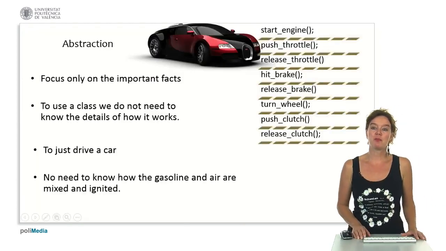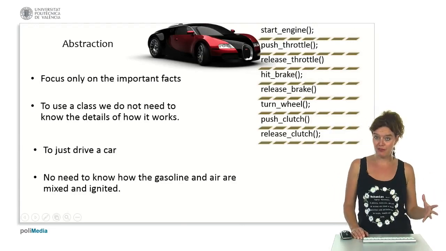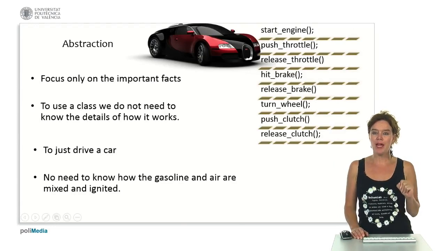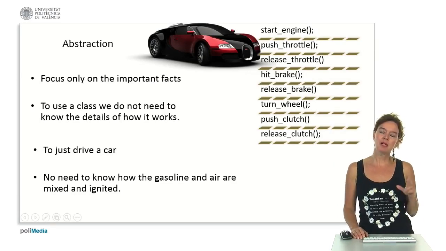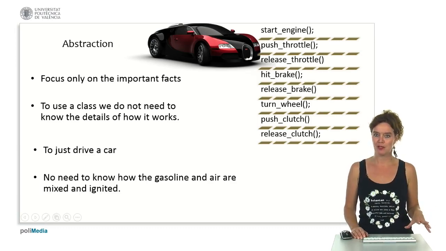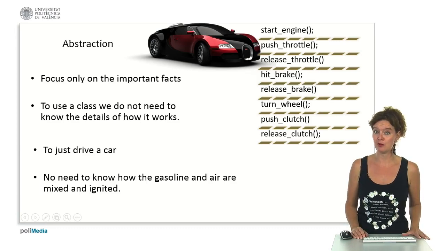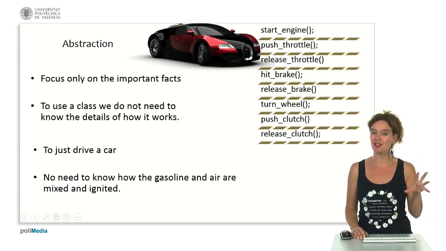It also helps abstraction. Abstraction, as we've already seen in the figures, is a way to focus only on the important facts. Because sometimes to use a class, we don't need to know all the details of how it works. Yeah, sometimes we don't even want to know. To drive my car, I don't want to know how it actually works.